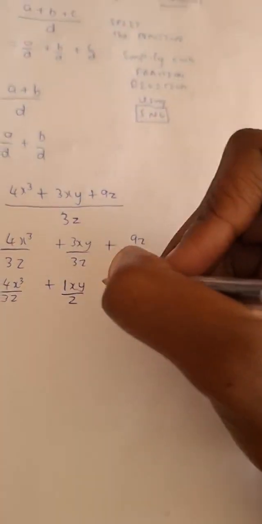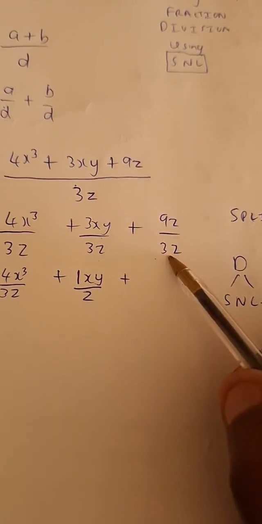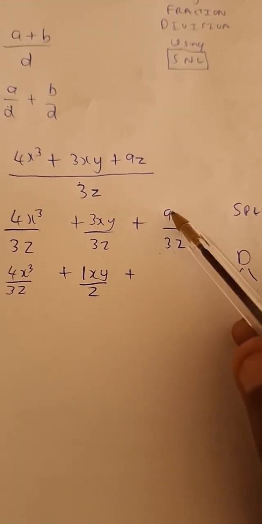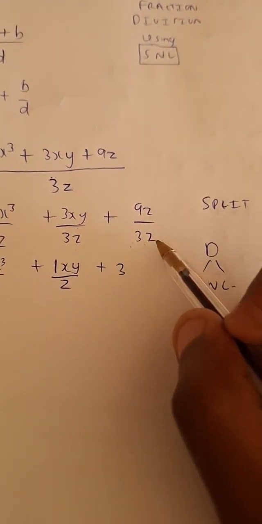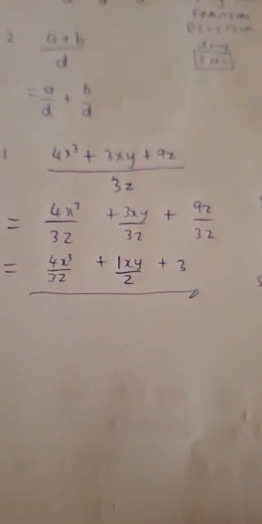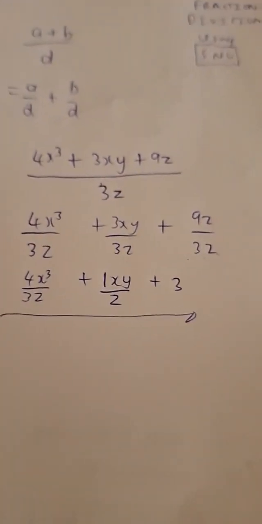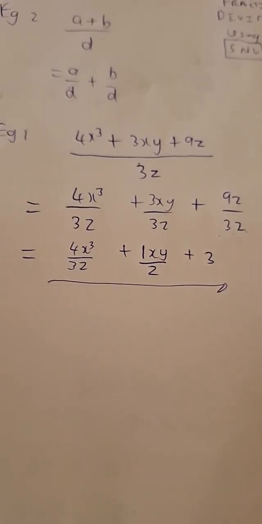Plus, look at this one: 9z over 3z. We are applying SNL. Positive divided by positive is positive. 9 divided by 3 gives us 3, and z divided by z gives us 1. So we leave that as simplified as that. Look at that, guys. That's what I mean by split, divide using SNL.